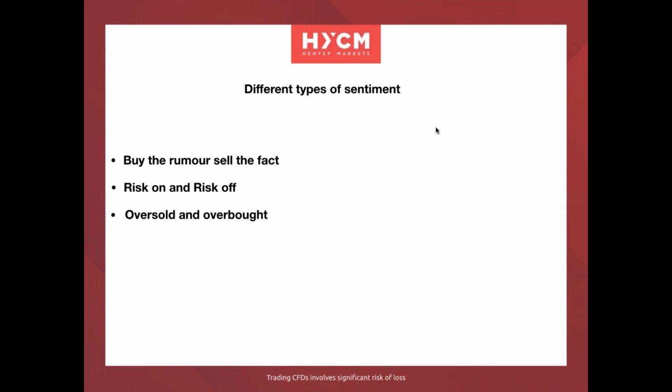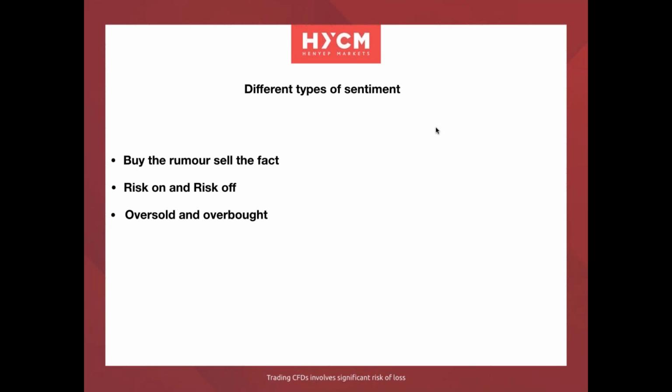Right, the next type of sentiment is when you get oversold and overbought markets. One of the scenarios where you can see an oversold or overbought situation is in the Commitment of Traders reports, because the COT report is released every Friday and it indicates the positions of traders.